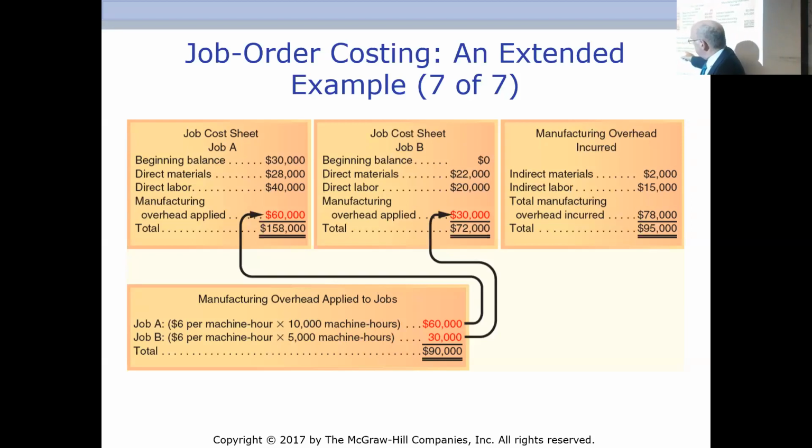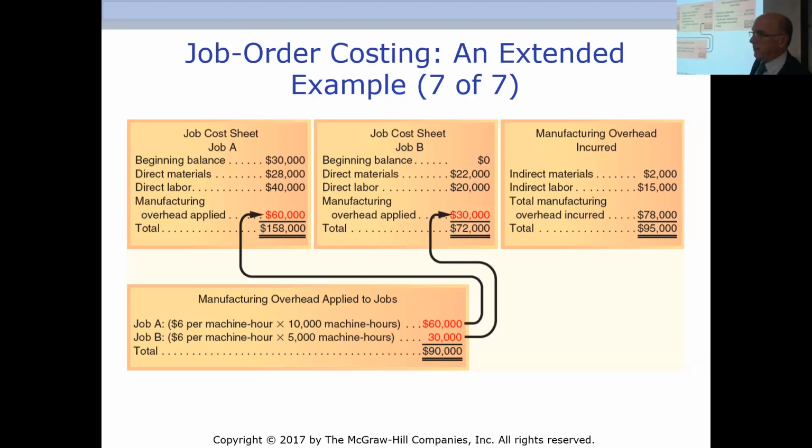And for job B, $6 per machine hour times 5,000 machine hours, 30,000. So the total here is 90, allocated 60,000 for job A, 30,000 for job B. But you'll notice the overhead incurred was 78,000. We thought it was going to be 90, but it was 78.